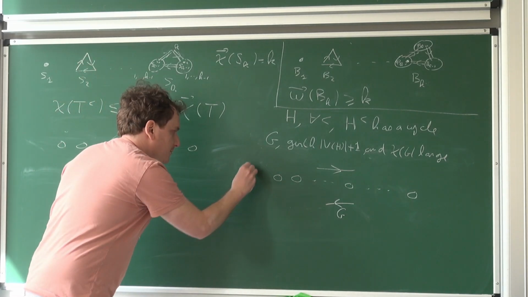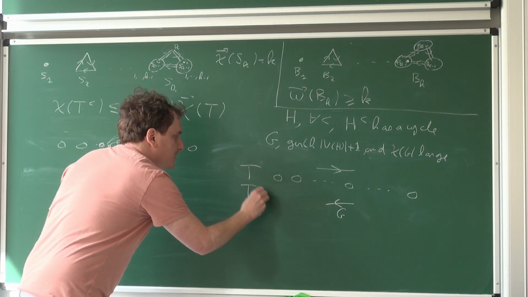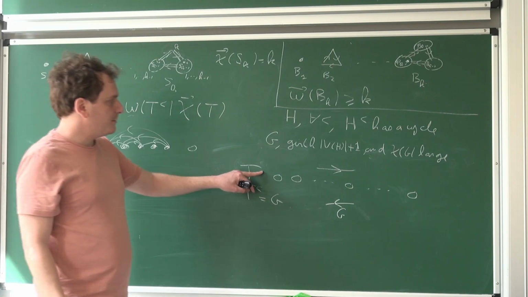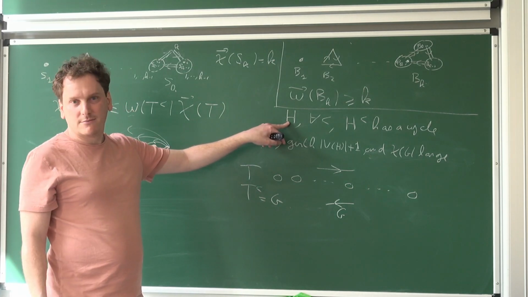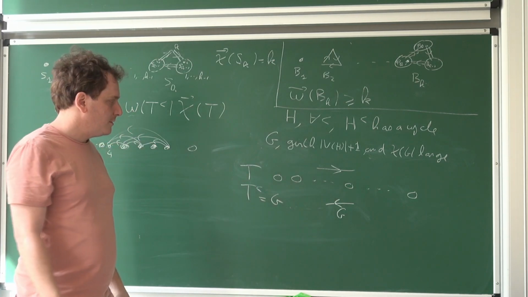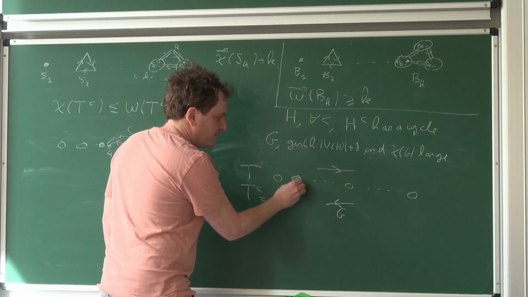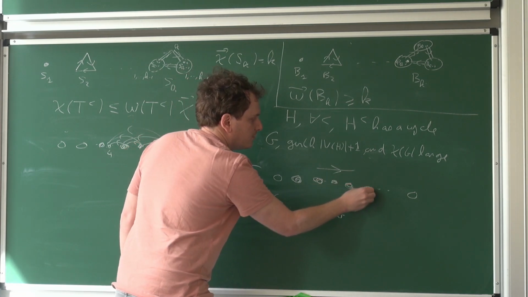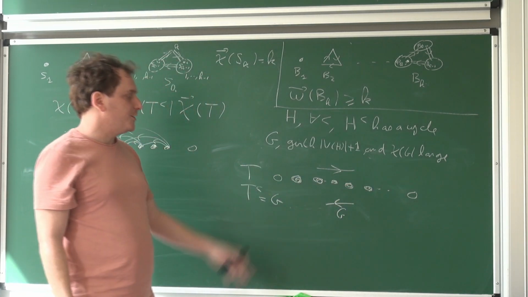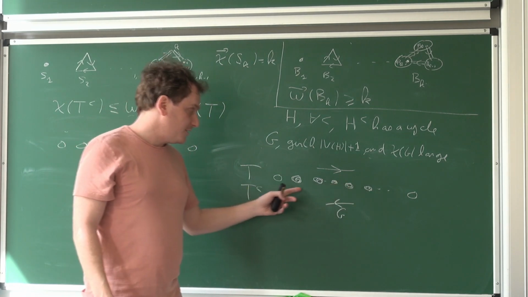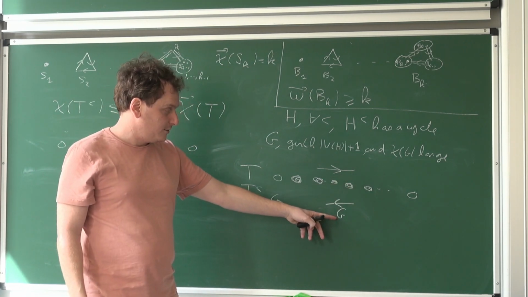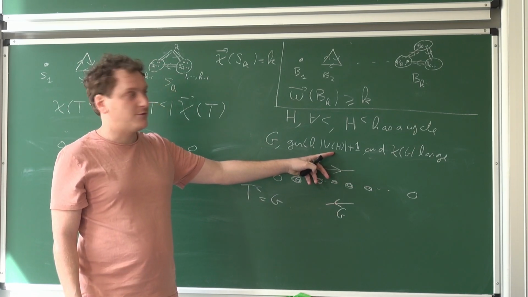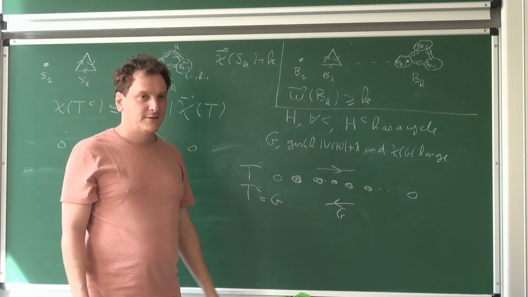So this is T, and the back-edge graph of T is G. First I claim that this tournament does not contain H. Take |V(H)| vertices and check whether it is a copy of H. Well, the back-edge graph is an induced subgraph of G, so it has no cycle; it is a forest, so it cannot be H.